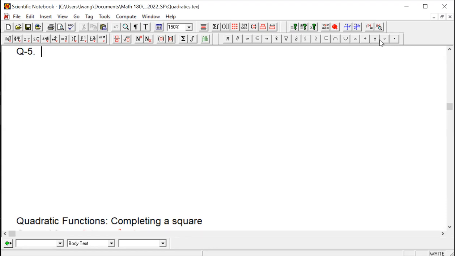This question is asking you to solve for x. Solve for x, and we have x squared plus 2x is larger than 3.